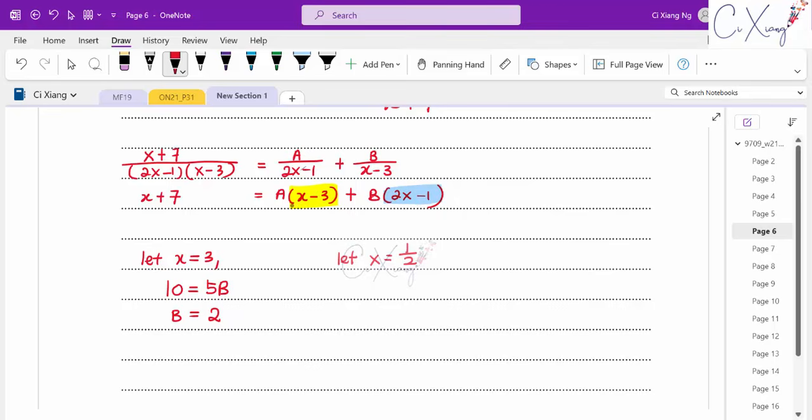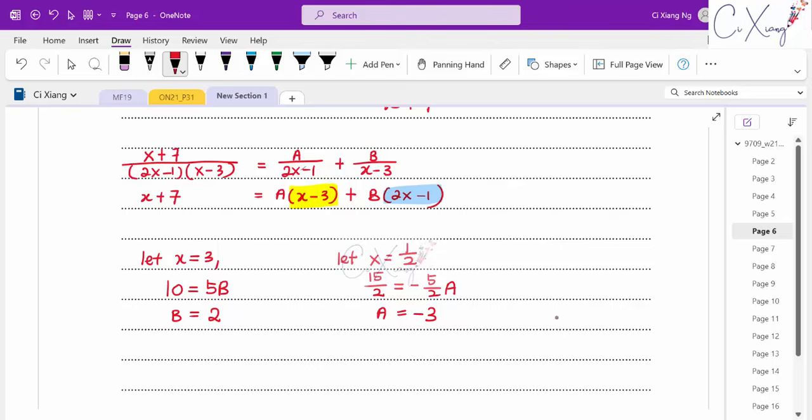Then you can continue to find A. So now substitute half into the equation from the beginning. So half plus 7, you are having 15 over 2. Substitute half into this bracket, half minus 3, you are having negative 5 over 2. So negative 5 over 2 and then A. So from here, you will get the value of A very easily as well, which is equals to negative 3.